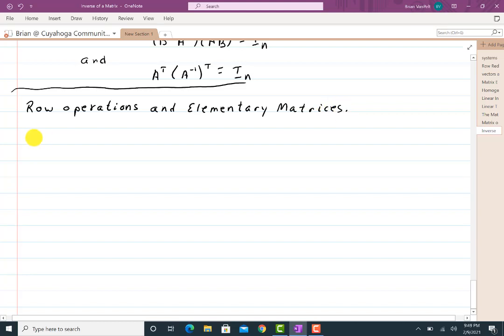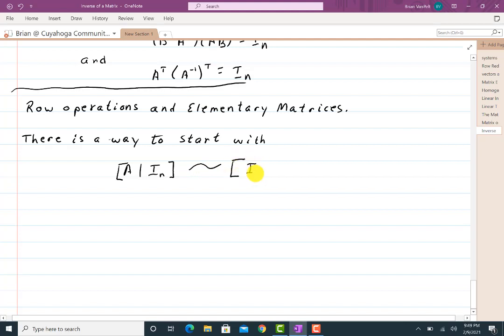There is a way to start with, take my matrix and I augment it with the identity matrix, and then go through row operations until you end up with the identity matrix on the left, and then on the right will be the inverse.